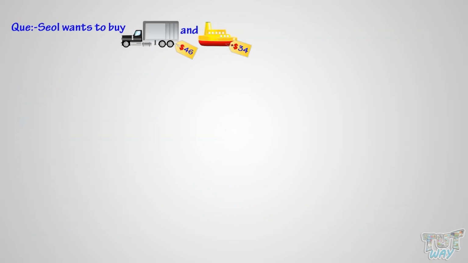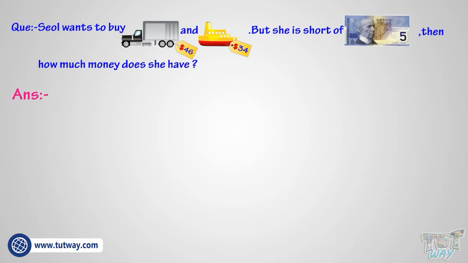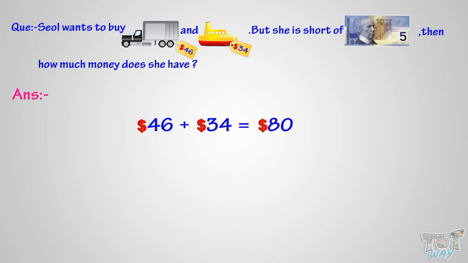Seol wants to buy both the toys, but she is short of $5. Then how much money does she have? The cost of both toys will be $46 plus $34 equals $80.